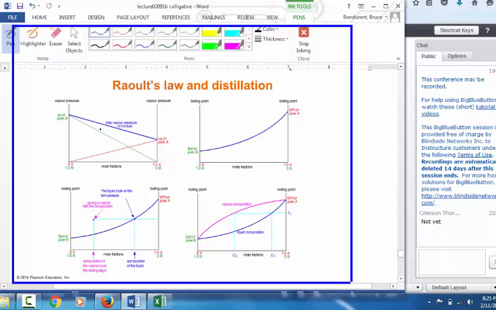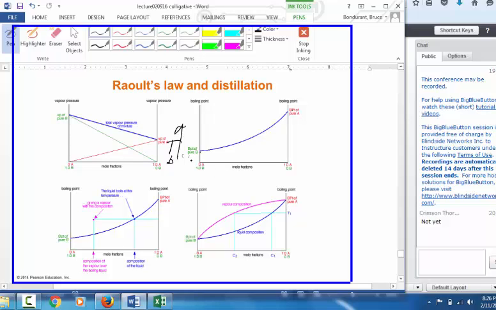So if you look at the vapor pressure, if you remember, the vapor pressure and the boiling point are quite different. The boiling point is simply the temperature. So now instead of mole, we have mole fraction still on the bottom, but here we have boiling temperature going up. And so something with a high vapor pressure is going to have a low boiling point. Something with a low vapor pressure is going to have a high boiling point.